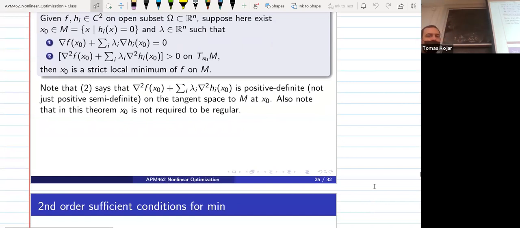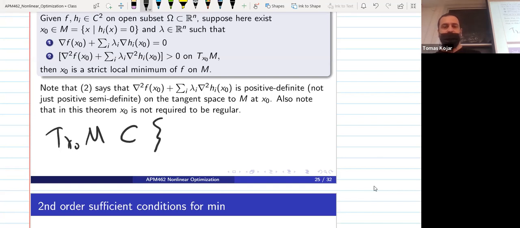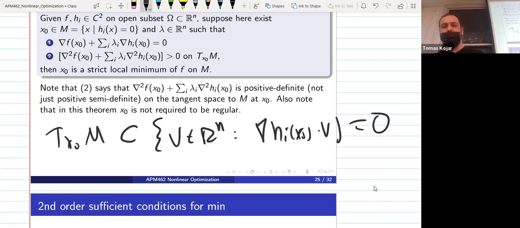That's another beautiful thing. We didn't talk about regular points, but of course, checking the second condition is a nightmare if you don't have regular points. Just to remind you, we proved that for all points, the tangent space T_x0 M is contained in all the v in R^n such that the gradient of h_i dot v is 0 for i from 1 to k.